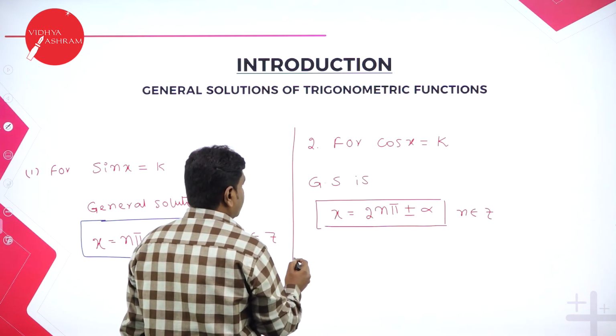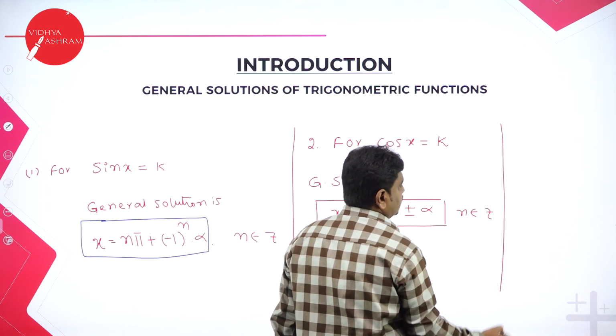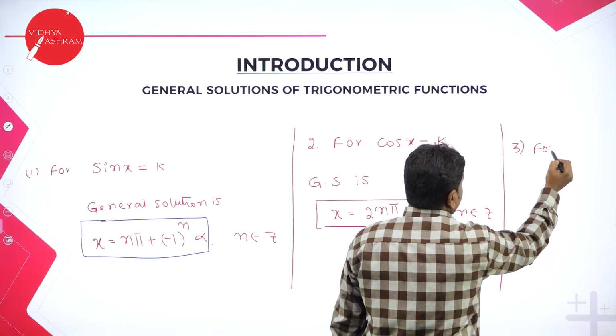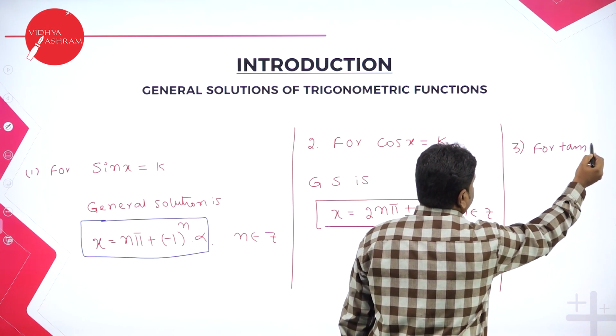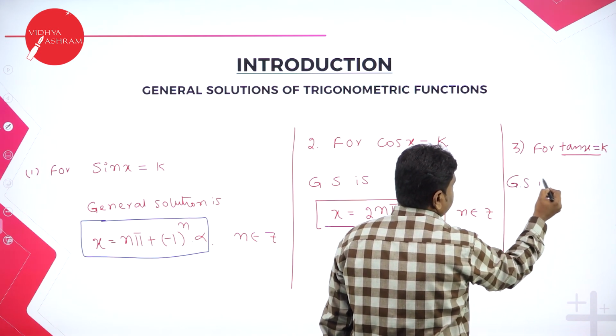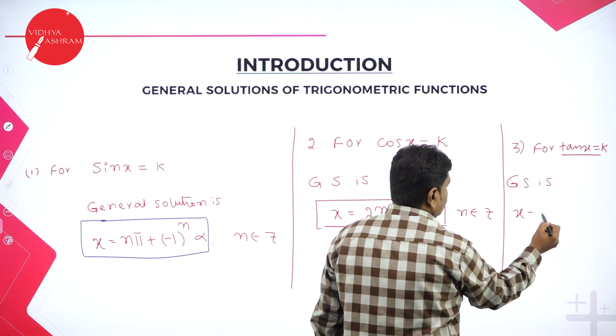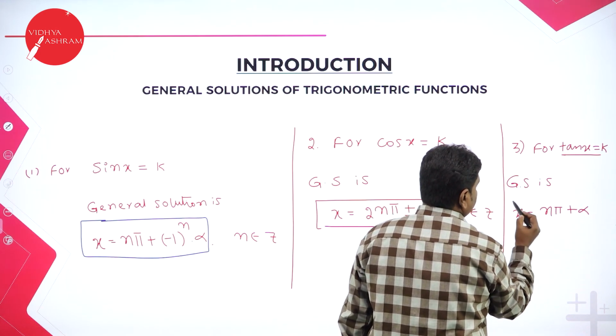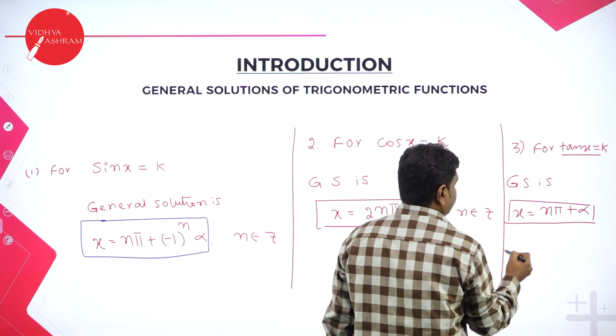Now the last but important form, that is tan theta is equal to k. If the problem is in the form tan x is equal to constant, the general solution is x is equal to n pi plus alpha.